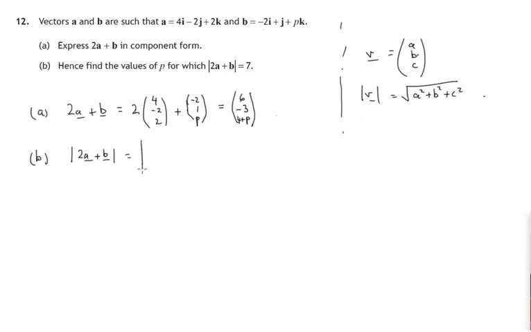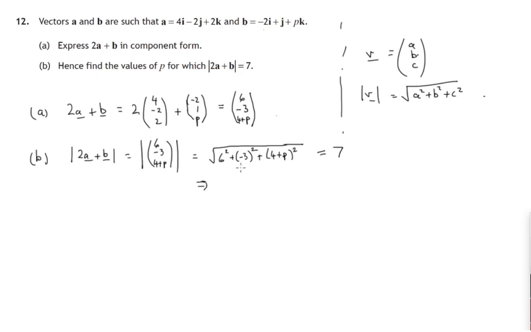So in this case we're looking at the magnitude of the vector with 6, -3, 4 plus P as components. So that'll be the square root of 6 squared plus -3 squared plus 4 plus P squared. That's the square of the three components added, and we take the square root of that, and we're told that that equals 7.